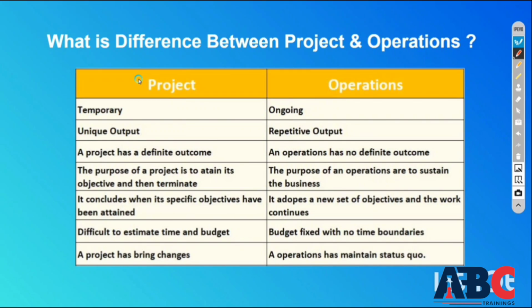Next, what is the difference between these two? The project is temporary, and the operations are ongoing, meaning they will continue. If you are doing a project, you get a unique output. If you are doing a bridge project or a building project, they are a complete part of your work, and you get a unique output.